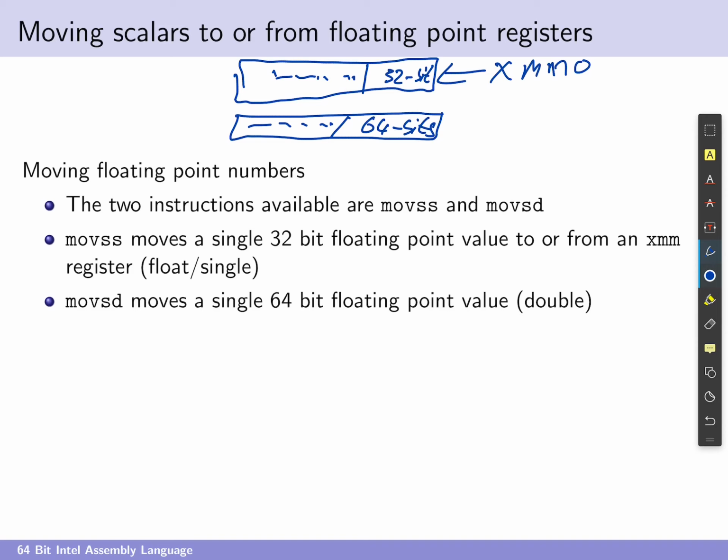Specifically, because I have 128 bits at my disposal in the case of XMM, I could store 4 floats, or I could store 2 doubles. That's simply because 4 times 32 is 128, and by the same token 2 times 64 is 128.